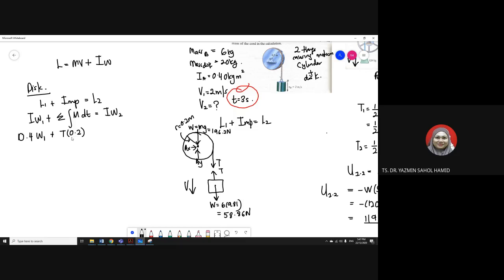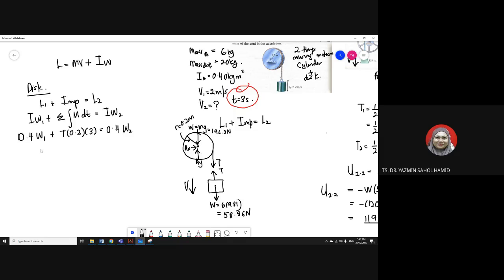Okay, now because dia adalah integration of time, so time tu kita letak multiply by 3 seconds. Okay, equals to, again I dia dah sama and omega 2. Okay, now kita tahu tak what is omega 1, omega 2? Kita boleh cari tak? Yes or no? Boleh cari ke tak?